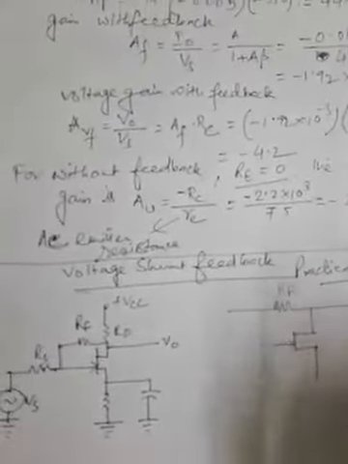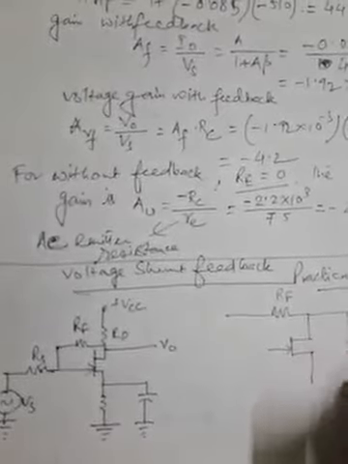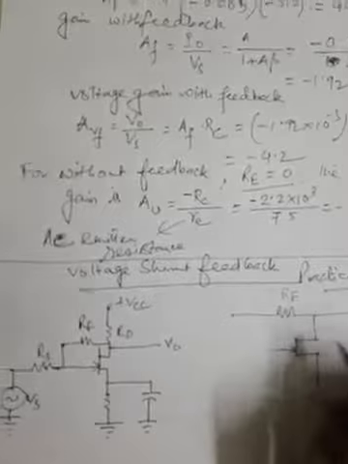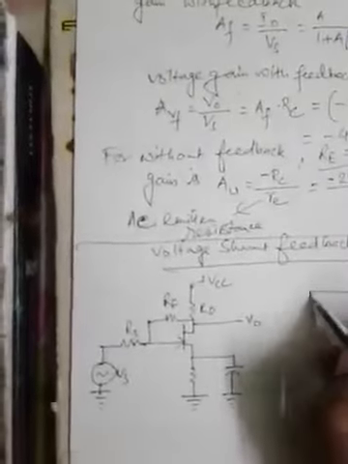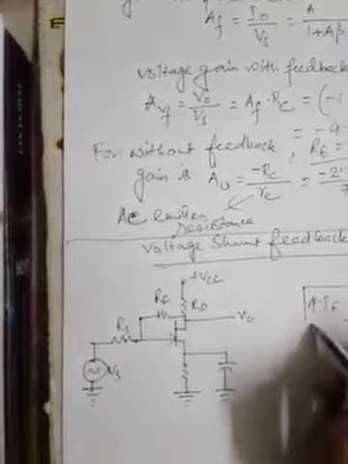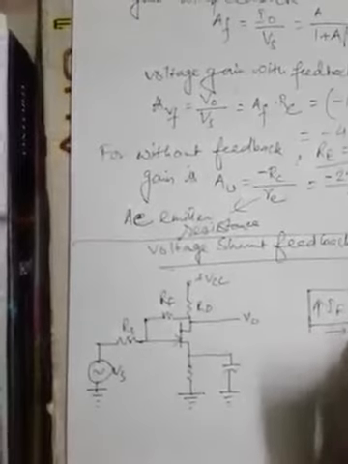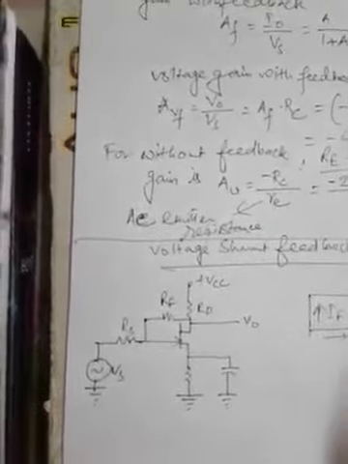This is RF, a little bit modified for analysis purposes. So this is RD, this is the FET. In this direction the current IF is flowing, and at the input the current II is flowing.